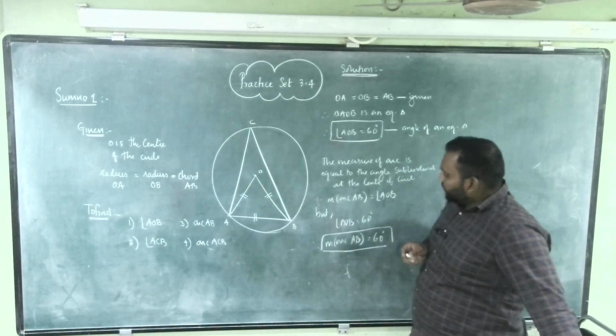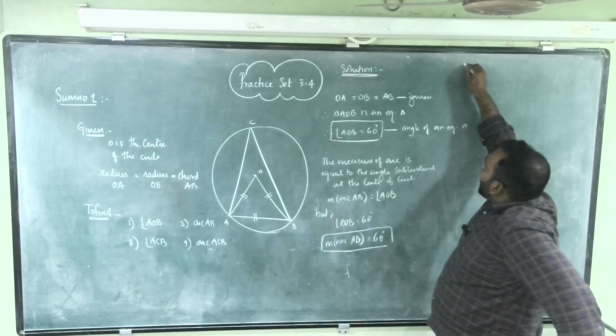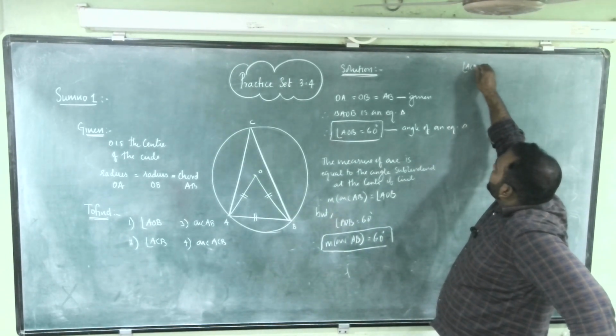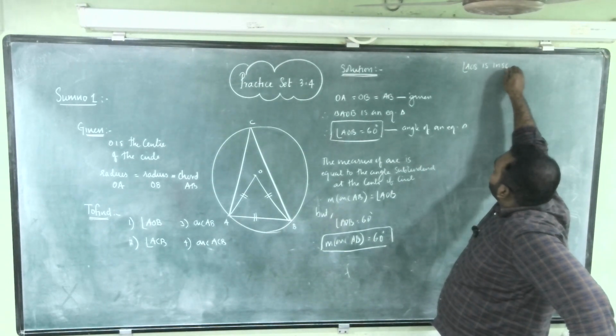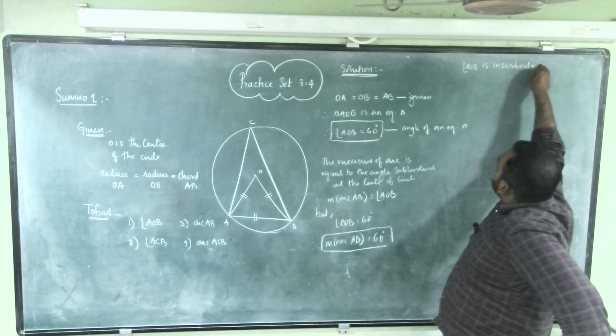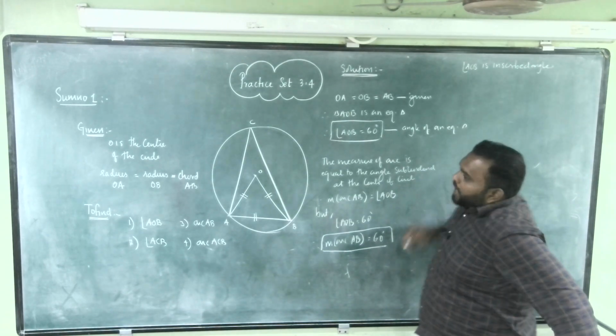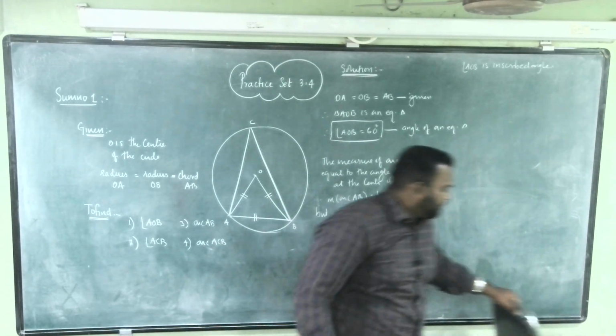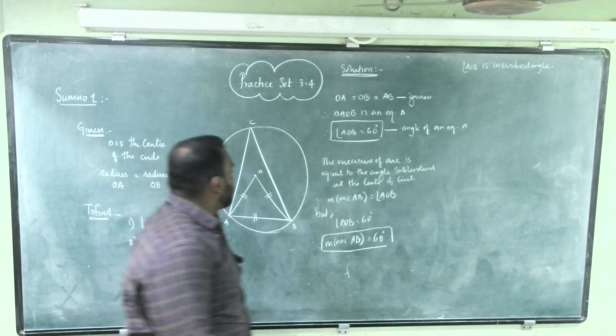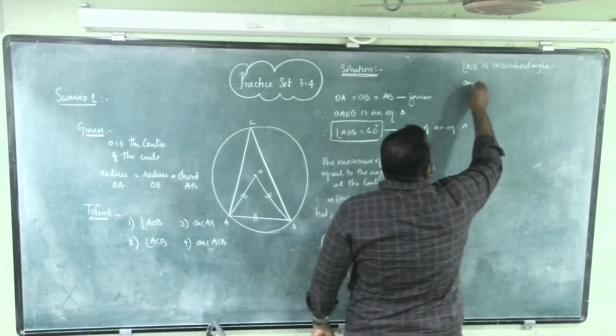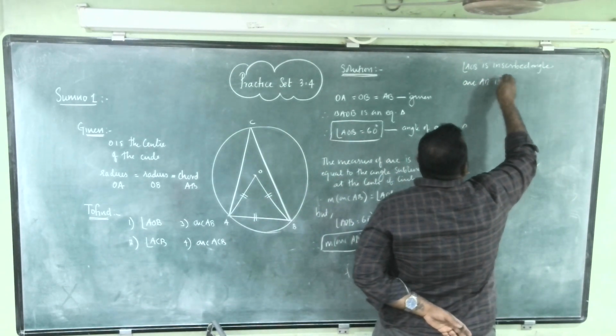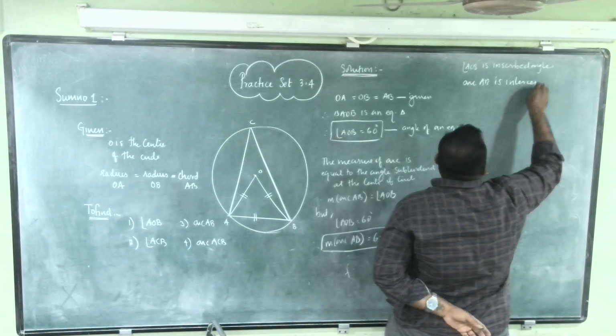It will be half. So next we write angle ACB is inscribed angle. This is inscribed angle. ACB is inscribed angle. Arc AB is intercepted arc. Am I right? Yes.